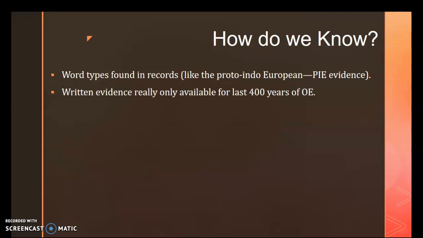We have written evidence of the Anglo-Saxons' lifestyle for the last 400 years of the period. We also have records of what the Angles, Saxons, and Jutes were like before leaving the continent because of the Roman historian Tacitus and what he recorded in his On the Origin and Character of Germany.